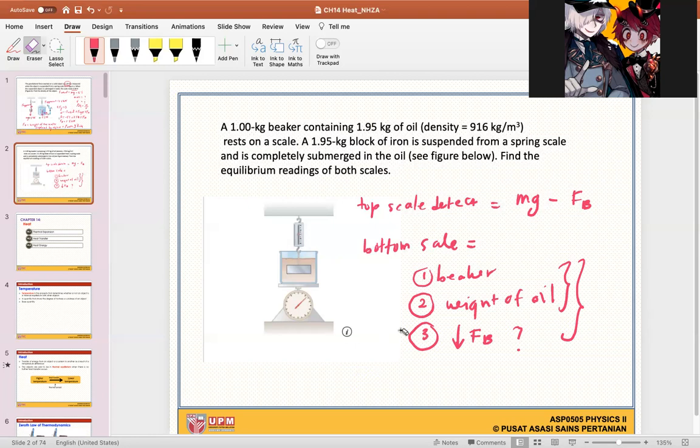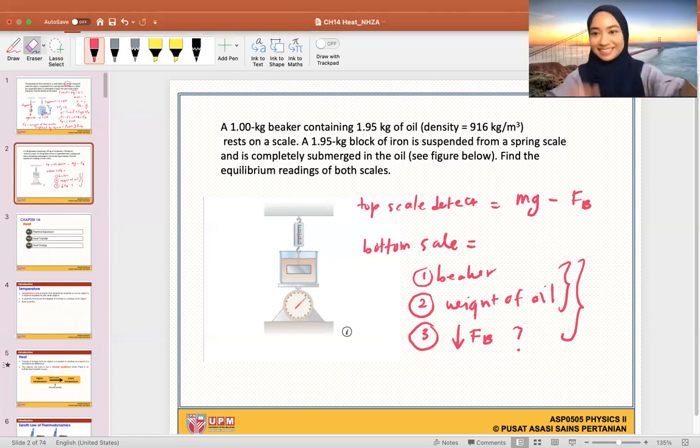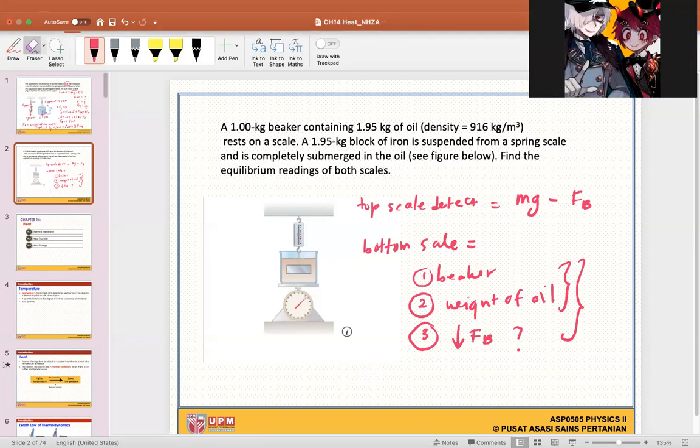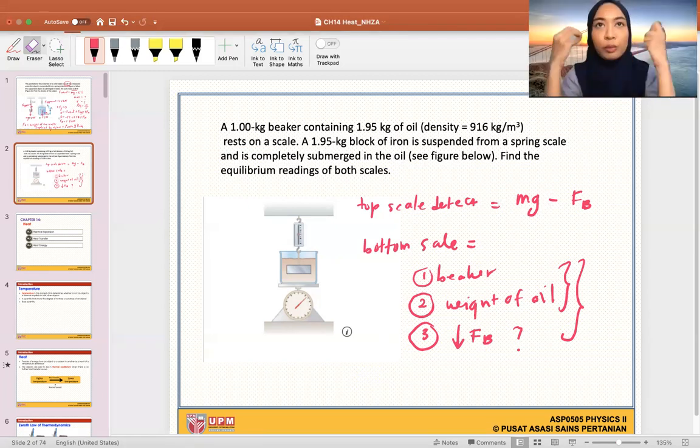Lepas tu benda tu dia stay tengah-tengah sebab MG tu dah ada support dengan FB, dia masih ada sikit kat bawah tu. Maksudnya ada baki lagi dia berat dekat bawah kan. Dia ke bawah lagi force dia kan. Kenapa yang tu kita tak kira dekat bottom scale? Awak cakap bottom scale tu kira dia detect mg minus FB. Tu awak punya teori lah.